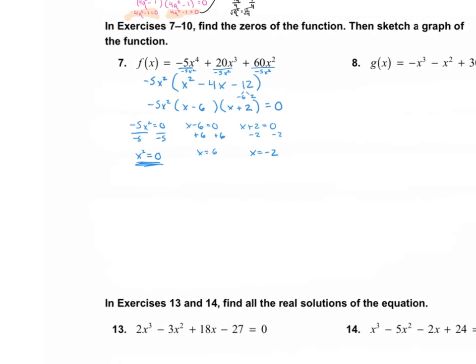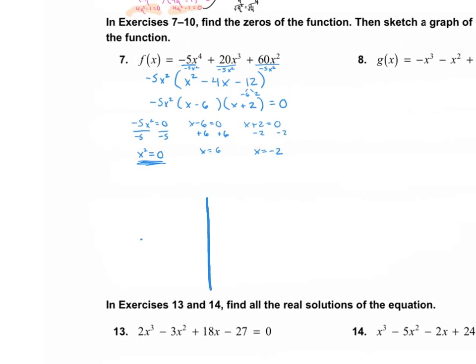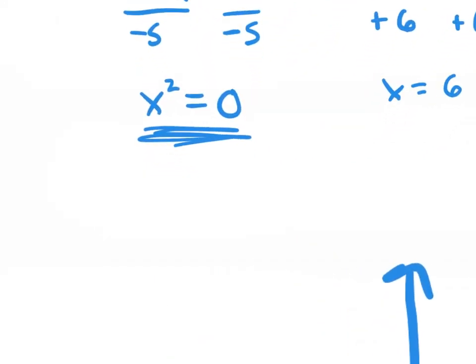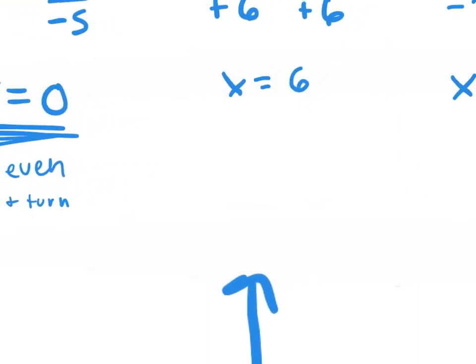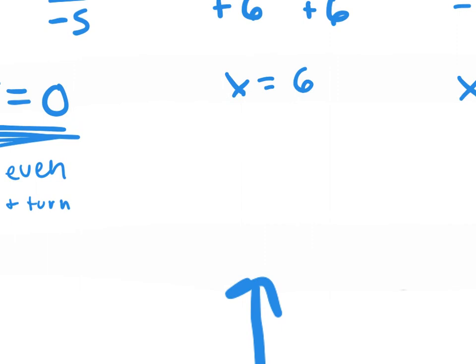So for this one, we have to graph, so we need to know our multiplicity. So how many zeros do we have? 2. So is our multiplicity here even or odd? Even. If our multiplicity is even, does it touch and turn or go through? Touch and turn. How many 6's do we have? 1. So is our multiplicity even or odd? Odd.